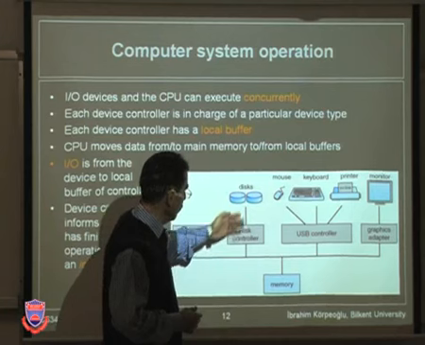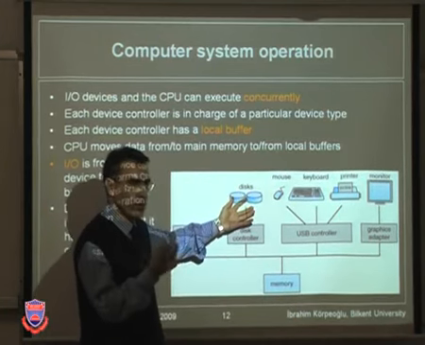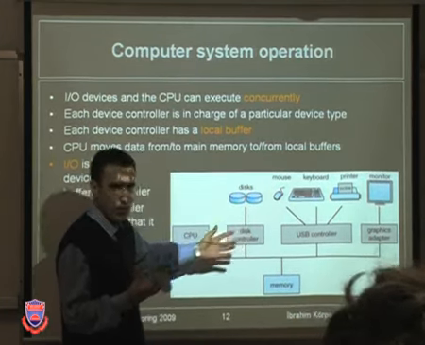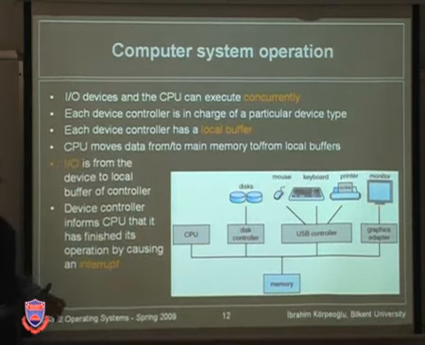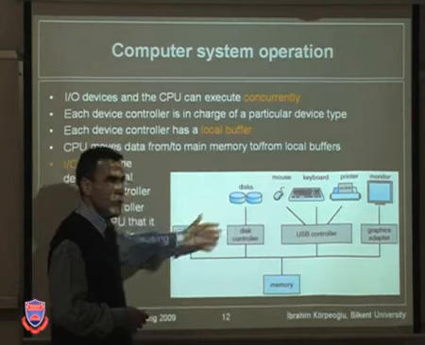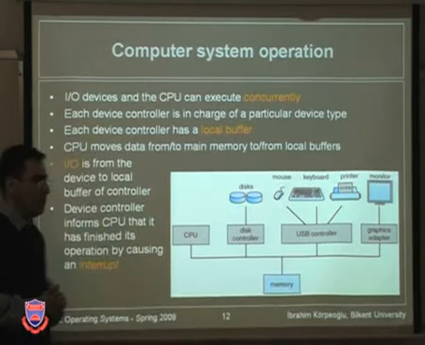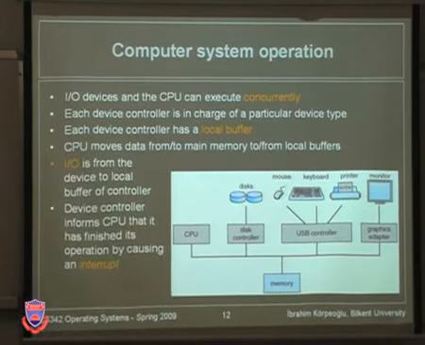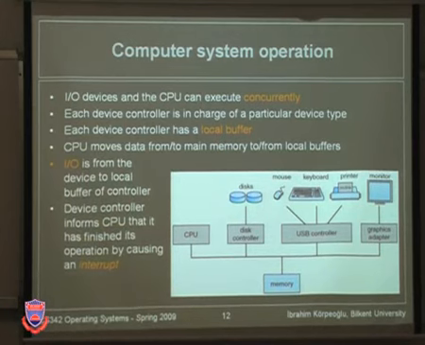For example, the disk controller may try to retrieve some amount of data from the disk, which can take a few milliseconds, maybe 30 milliseconds. While the disk controller is busy with that, in parallel, at the same time, the CPU may be running some application code. Therefore, we say the I/O devices and the CPU can execute concurrently, through parallelism.